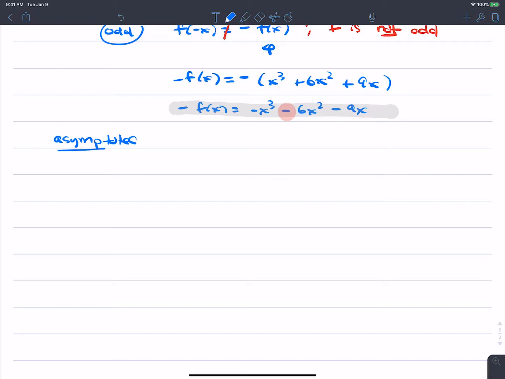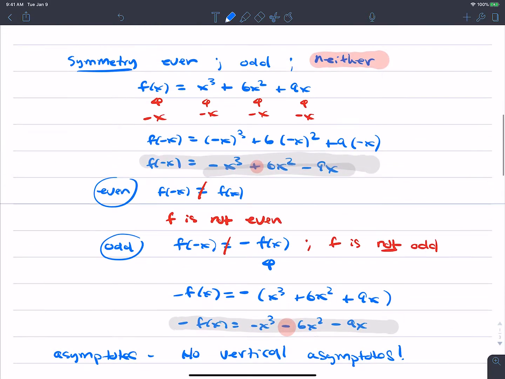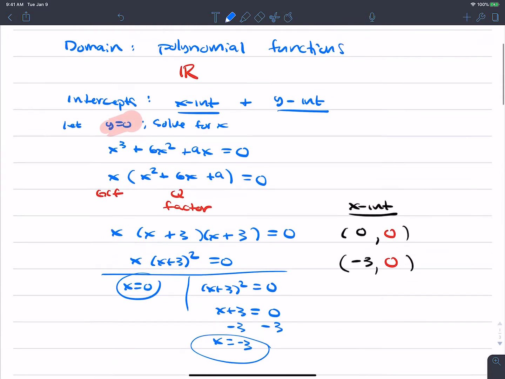Asymptotes. Now, I'm going to start with the easy one. All right, they're all easy. What do I mean by asymptotes? First of all, I know there's no vertical asymptotes. How do I know there's no vertical asymptotes here?